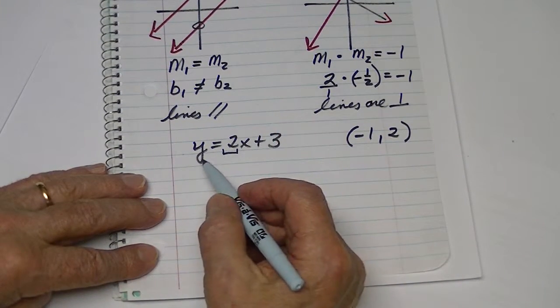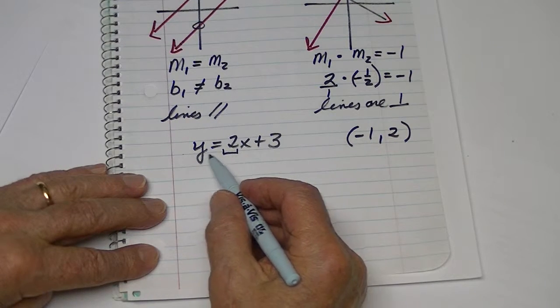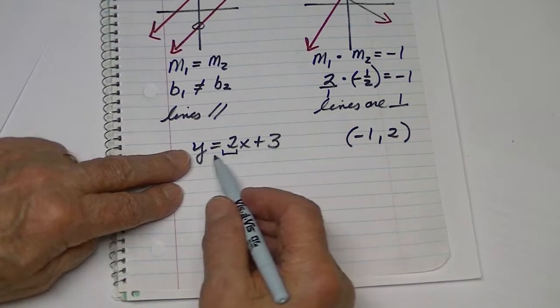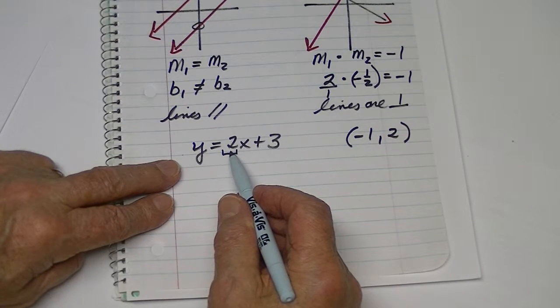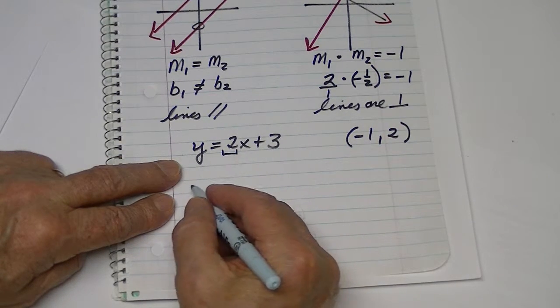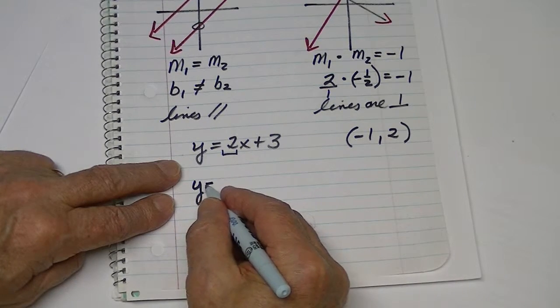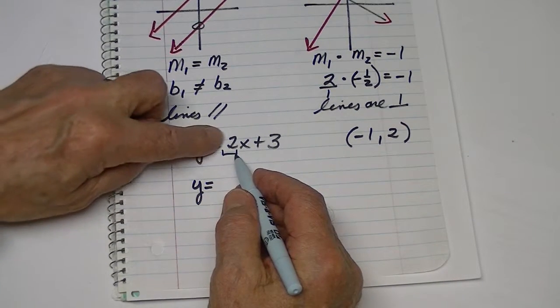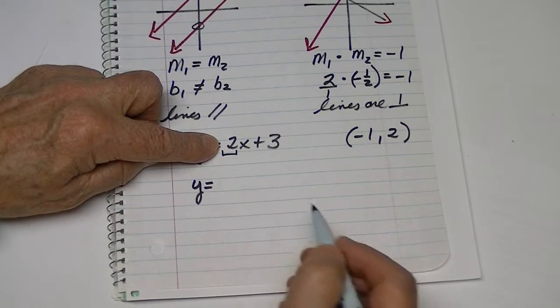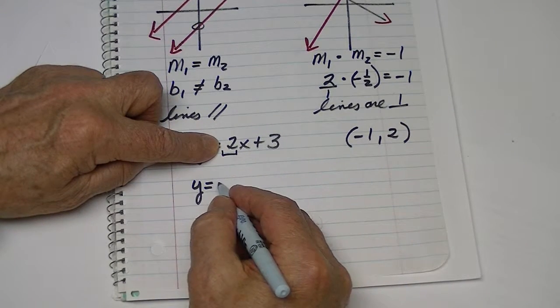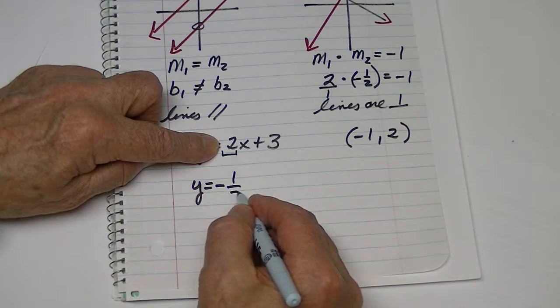Now, how about if we wanted to find an equation that was perpendicular to this slope? Well, our new slope, in order for it to be perpendicular, would have to be the negative reciprocal of that. So our new slope would be -1/2.